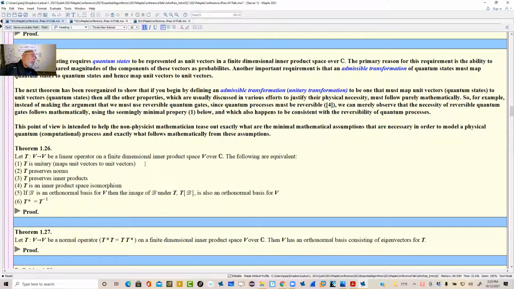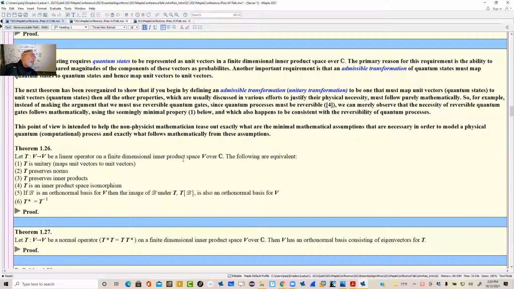Once they make that assumption, any transformation that they need, namely to map one qubit states to one qubit states, has to map unit vectors to unit vectors. In which case it's easy to show that that's equivalent to all the other standard definitions, including that T preserves norms, that T preserves inner products, that T is an inner product space isomorphism, that bases get mapped to bases, and that the adjoint of the transformation is equal to its inverse.